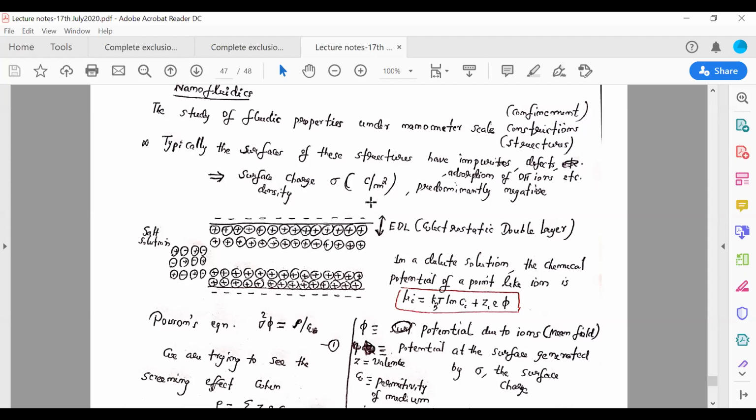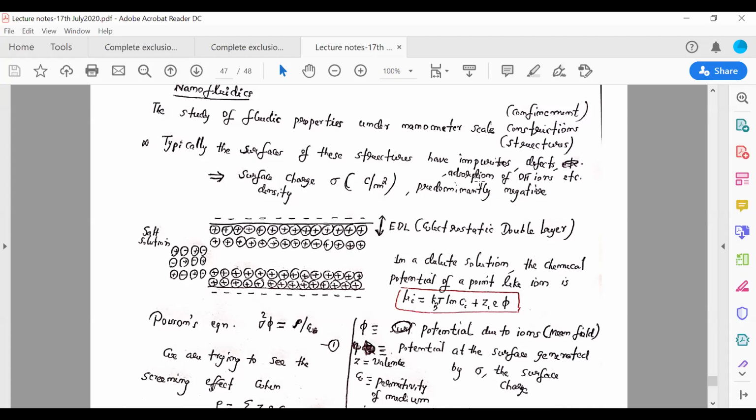So where is the surface charge mainly coming from? It can be because of impurities, defects, functional groups, or adsorption of OH minus ions. OH minus ions can adsorb on the surfaces, and that can also give you negative charges. So predominantly, surfaces are mostly negatively charged.